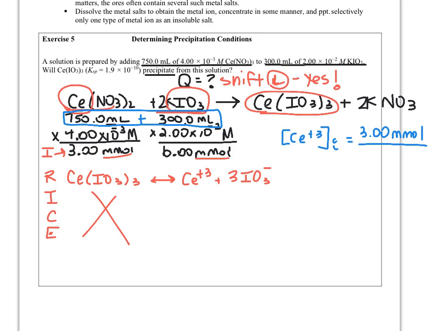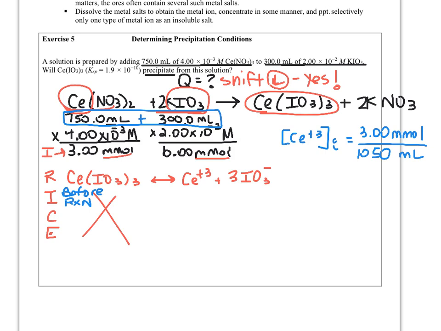So it's really going to be 1,050 milliliters. That's going to give me a concentration of cerium plus 3 initial, before the reaction. Keep in mind, initial is before the reaction.